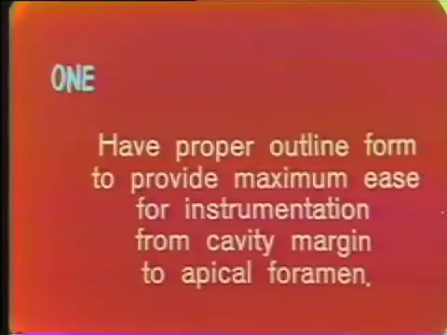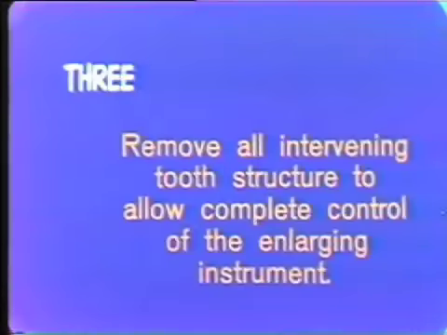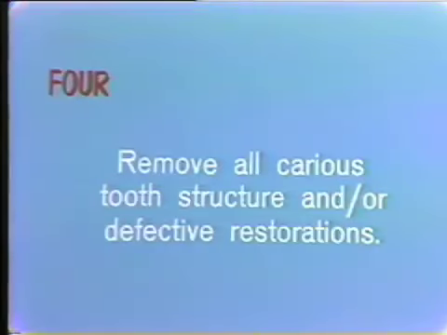1, the access preparation should have proper outline form to provide maximum ease for instrumentation from cavity margin to apical foramen. 2, the access preparation should permit visibility to locate all the canals. 3, the access preparation should remove all intervening tooth structure to allow complete control of the enlarging instrument. 4, the access preparation should remove all carious tooth structure and/or defective restorations. 5, the access preparation should completely clean the pulp chamber of all debris.